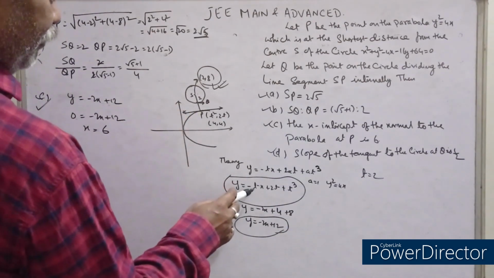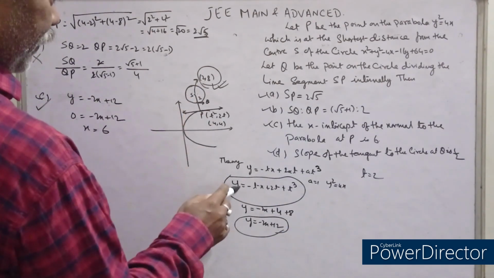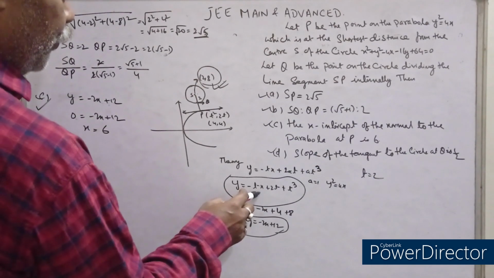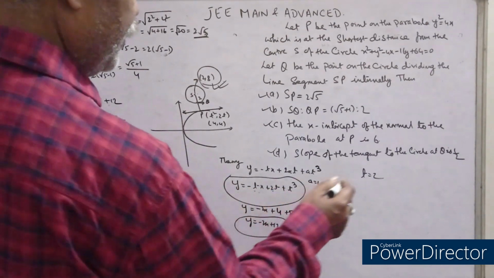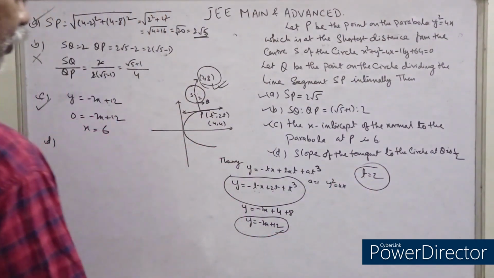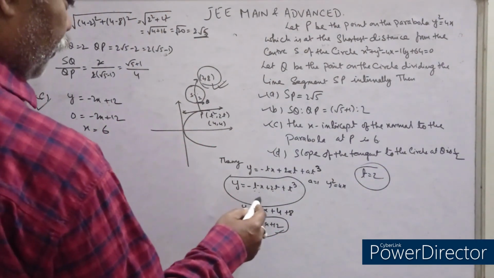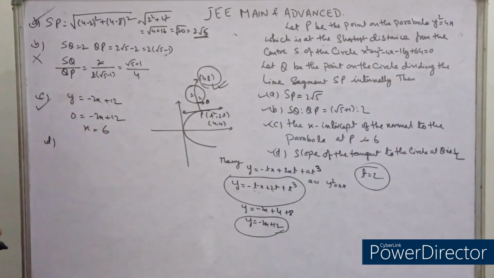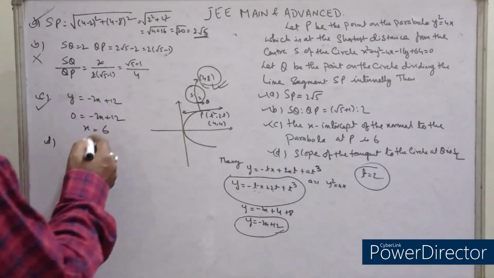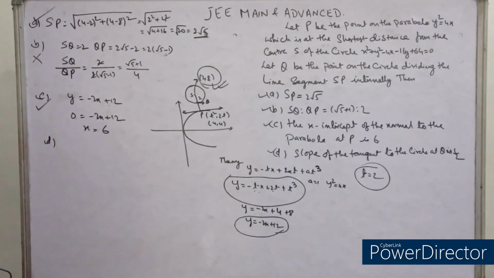When I place the value of x and y, 2 minus 2 cancels out, so t cube is equal to 8, so t is equal to 2. And when I place the value of t here in the equation of this normal, for the x-intercept, y is 0, so x is equal to 6, that is correct.